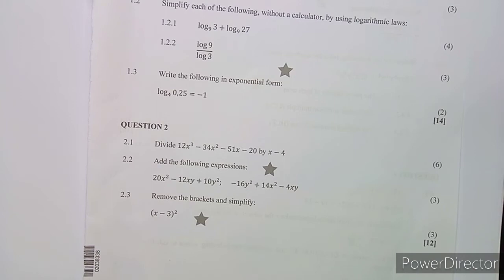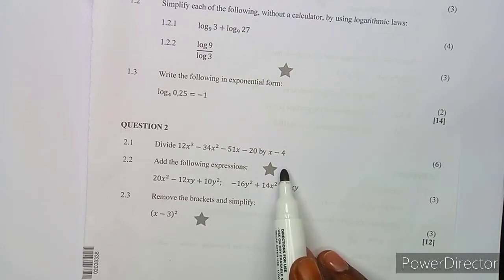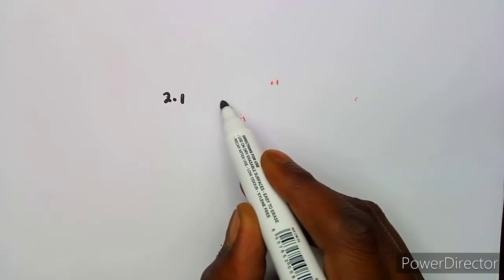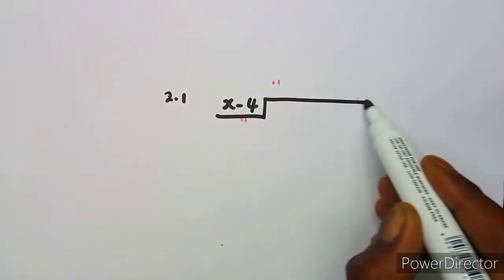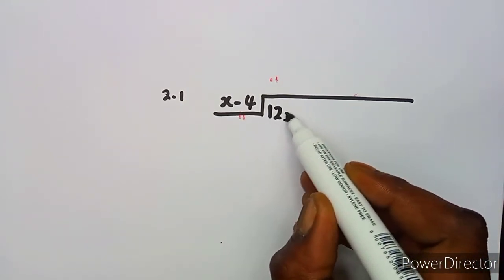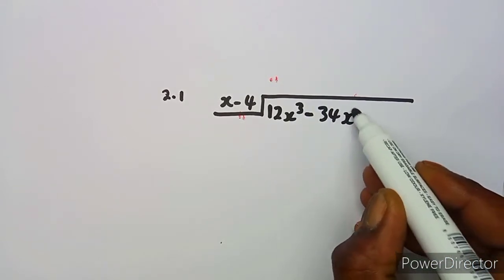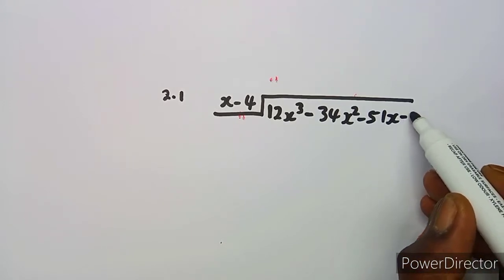Then the other question, we are actually given to divide. Divide this expression by x minus 4. So remember, guys, whenever you're dividing, this is 2.1, and you've got 6 marks for that, to divide 12x cubed minus 34x squared minus 51x minus 20 by x minus 4.